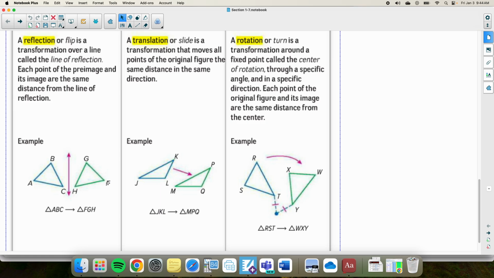The last one is a rotation. If I was doing that chapter, some kids like to do rotations, some kids hate it. With rotations, you have to use a compass and a protractor, and it takes probably 10 minutes to do one problem because you have to move every single point around a point and a certain amount of degrees, and it's kind of annoying.